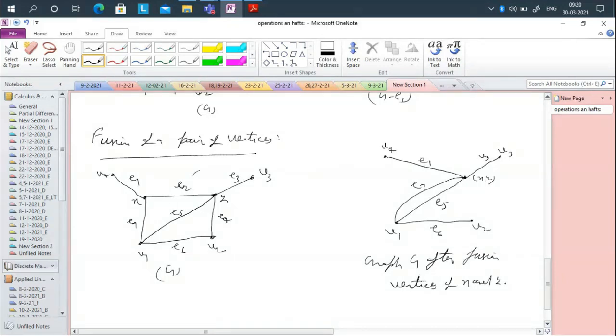And for XY we have E2. So E2 is here a loop, yes or no? And E4. Understand? So this is the graph G after fusion of vertices X and Y. Understand?